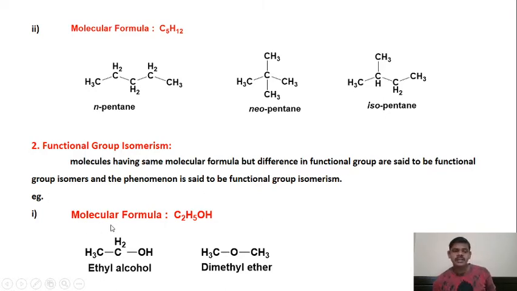Now the example is molecular formula C2H5OH. We can write C2H5OH in two ways. CH3CH2OH. OH means alcohol, CH3CH2 means ethyl, so ethyl alcohol. Again here 2 carbons, hydrogens 3 plus 2 plus 1 is 6, and oxygen 1.